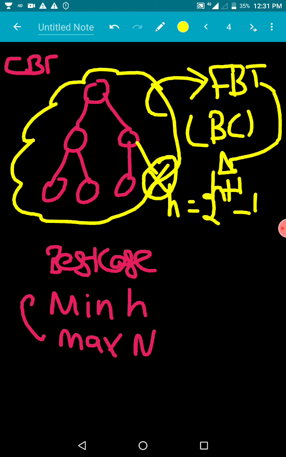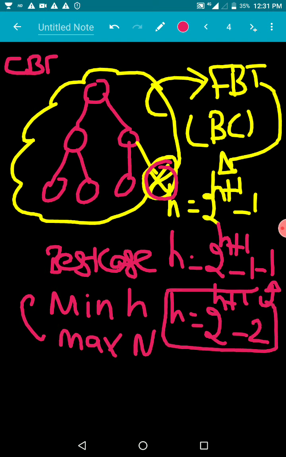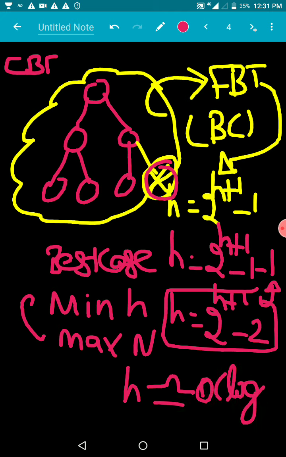So the number of nodes of the complete binary tree is 2 power h plus 1 minus 1 minus 1, because this node is excluded. So n equals 2 power h plus 1 minus 2, and the height is approximately order of log n.